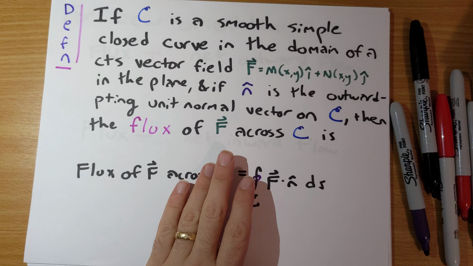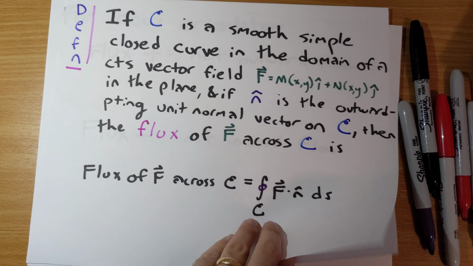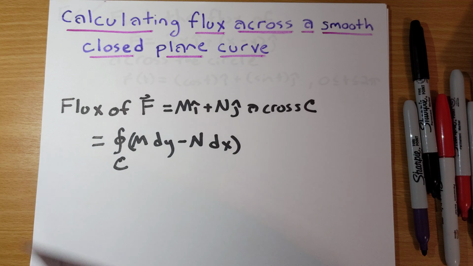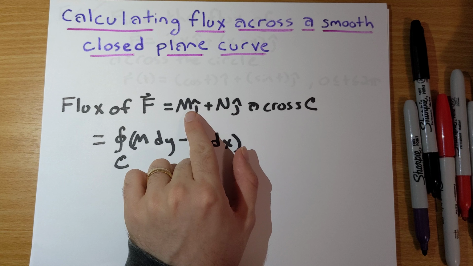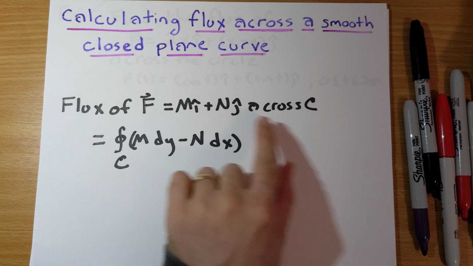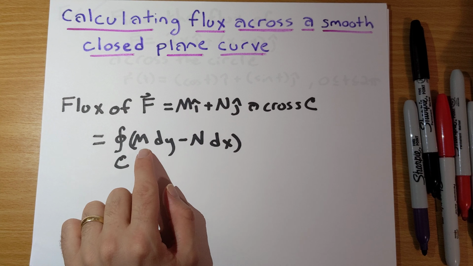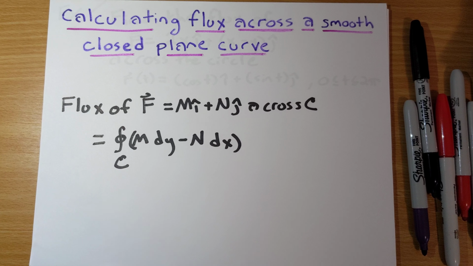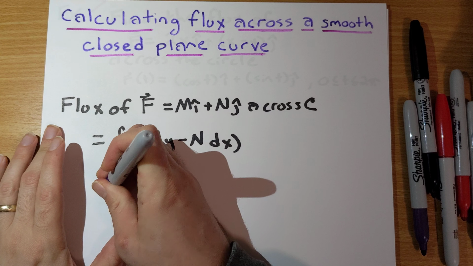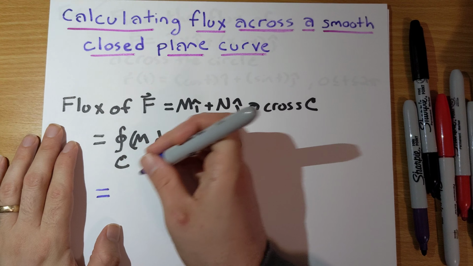This wouldn't be very useful to compute with, so after some details I'm skipping over, here's our formula for how we actually compute flux across a smooth closed plane curve. The flux of F, where I'm writing F as m times i hat plus n times j hat, across C is, you end up integrating m dy minus n dx over C as a vector line integral from earlier in the section.